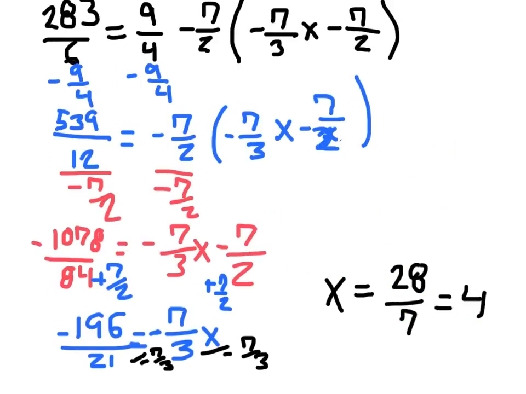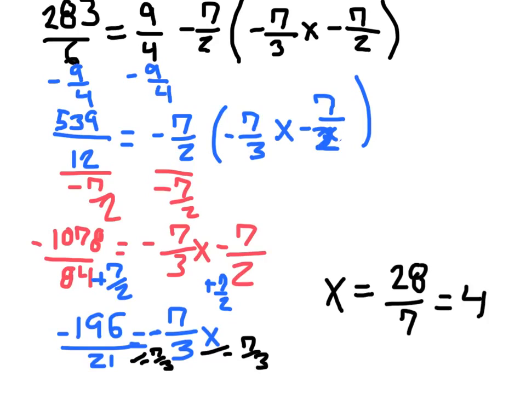That was a very long explanation, so really quickly, what we did one more time. We started by saying we wanted to do reverse PEMDAS, so we're going to undo everything that's done. So we started by looking at addition and subtraction. We subtracted 9/4. We got to our second stage. We then looked at multiplication and division. We divided by negative 7/2. We got to our third stage. We were able to get rid of the parentheses, so we started over at addition and subtraction.